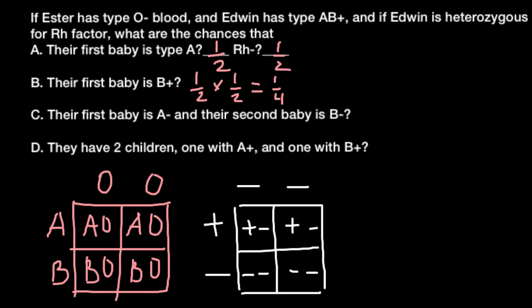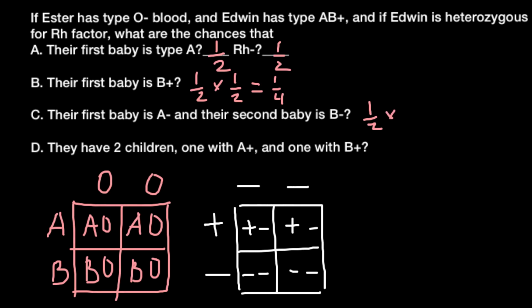Next question, C. The first baby is A positive and the second baby is B negative. Once again, for the first baby to be A positive, there are 1/2 chances to belong to blood group A, and to be positive is also 1/2.